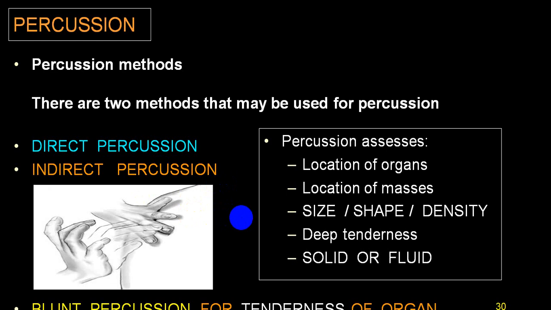Now, percussion is very important to identify the organ and the location of the organ. If there is any mass which you cannot identify as a particular organ, then regarding that organ or mass, you can identify the size, shape, density, whether it is solid or liquid or containing a lot of air, etc. As well as you will be able to identify the tenderness also.